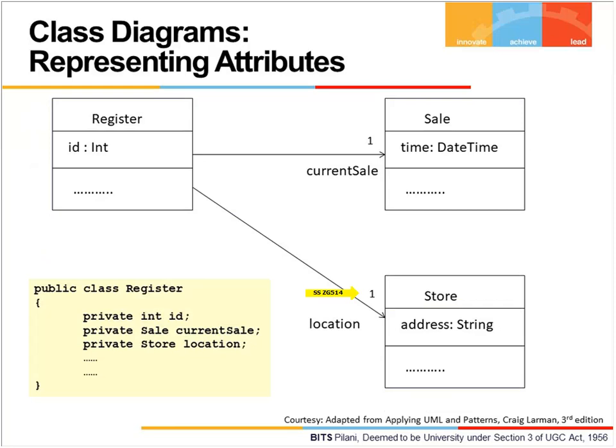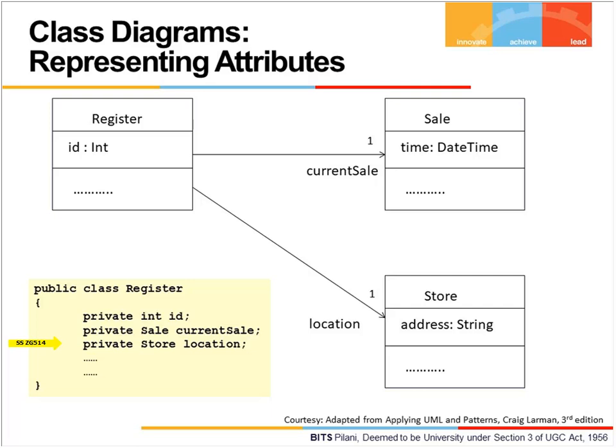Now if I convert this class diagram and try to depict it using code, this is what it would be, right? So my register class has a private attribute which is ID, a private attribute which is current sale, which is an object of type sale, and another last private attribute, which is location, which is of type store.